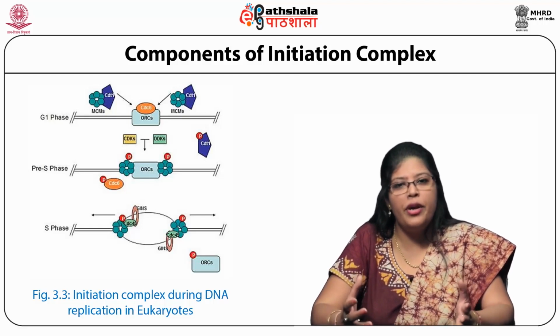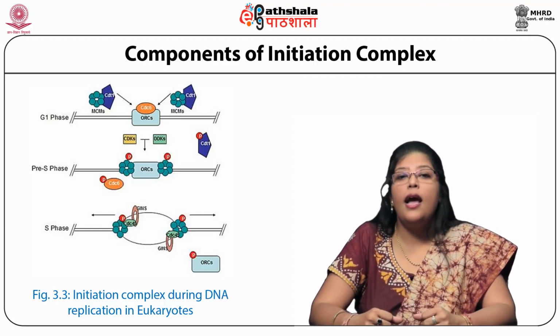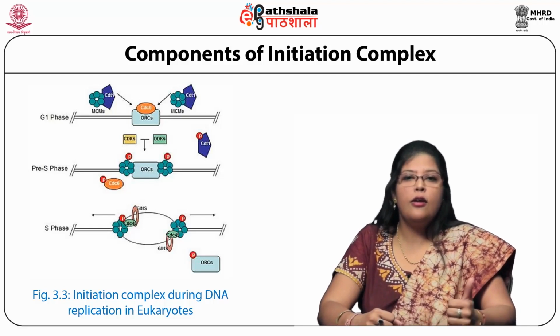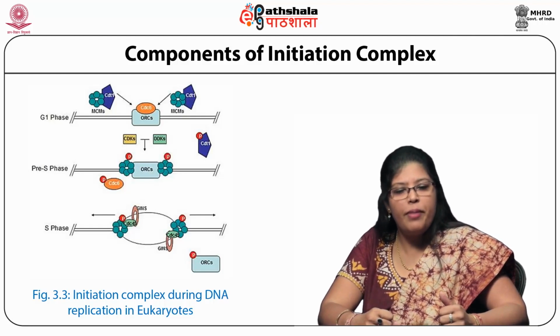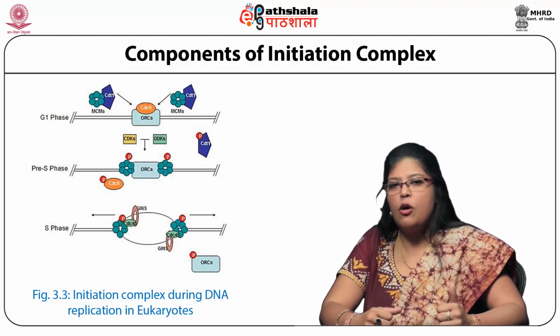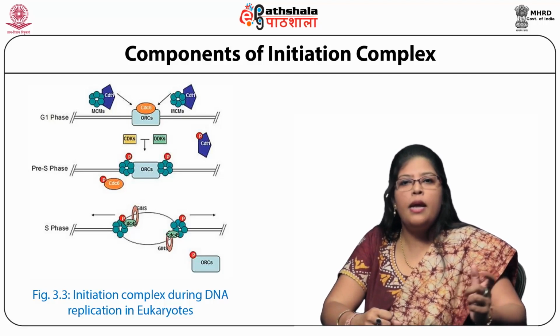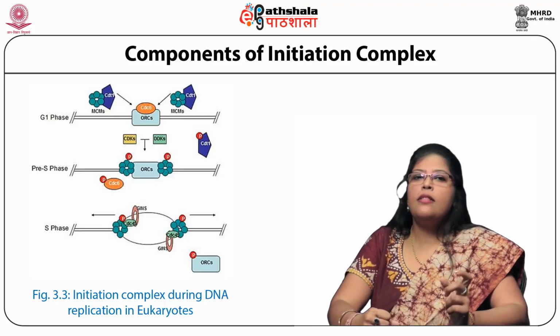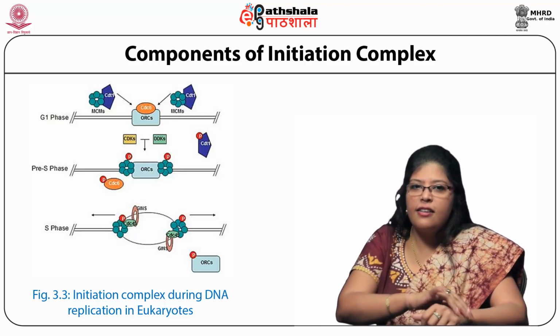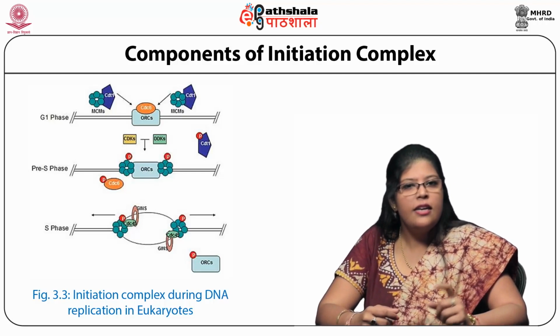It's a multi-subunit, multi-protein complex. The important components are, to begin with, 6 ORC proteins or origin recognition complex proteins named ORC1 through ORC6. This also includes CDC6 and CDT1.